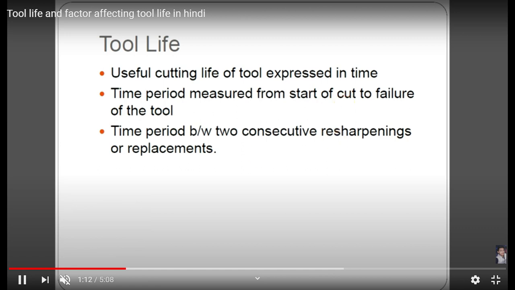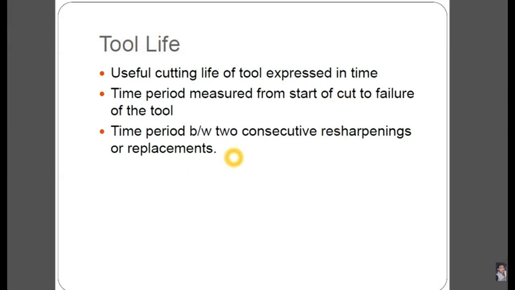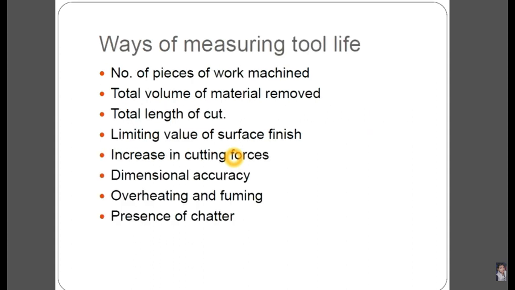The tool life depends upon some common methods of measurement. What we need to measure for tool life are machining time, actual cutting time, average length of cut per tool edge, average volume of material removed per cutting edge, average number of identical components machined per cutting tool, and the cutting speed at which the standard value of machine time or actual cutting time is achieved.